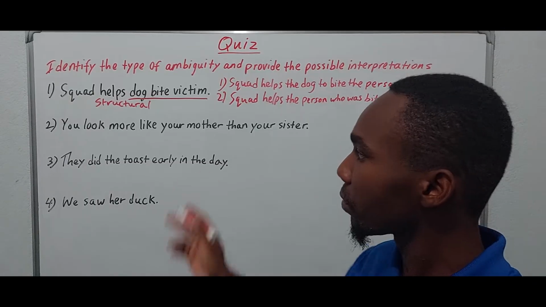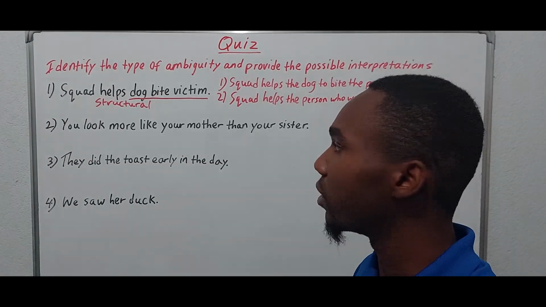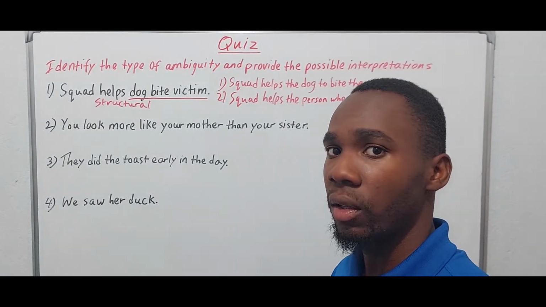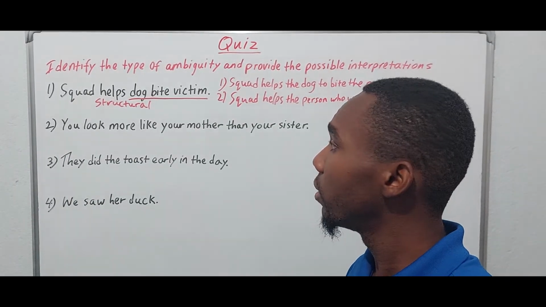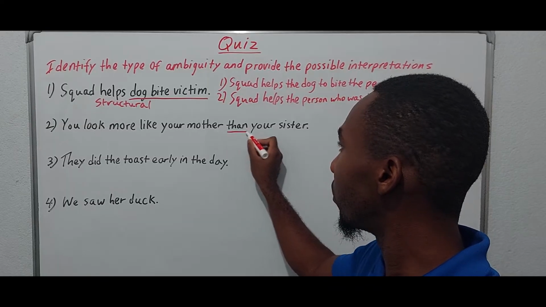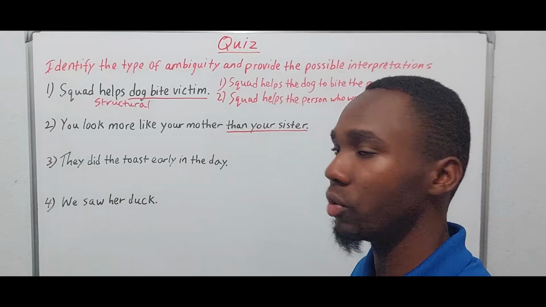Very good. 2. You look more like your mother than your sister. Once again, let us first identify the source of the ambiguity. You look more like your mother than your sister. So than your sister is going to be the part of the sentence that produces the ambiguity.